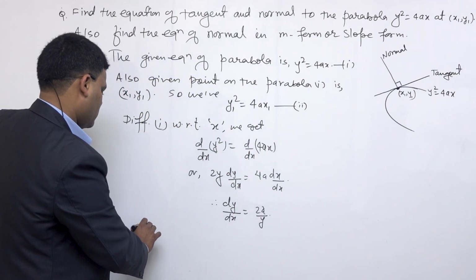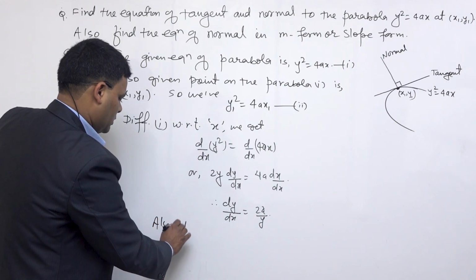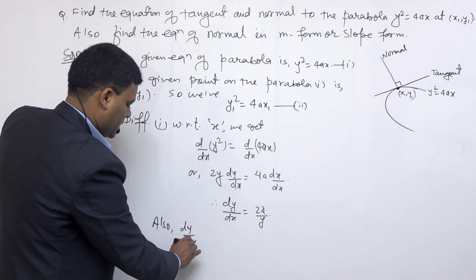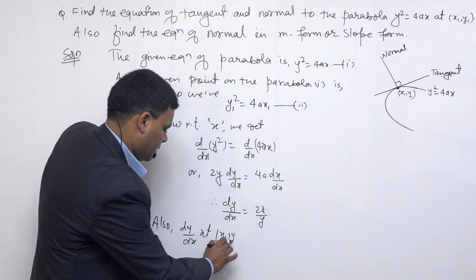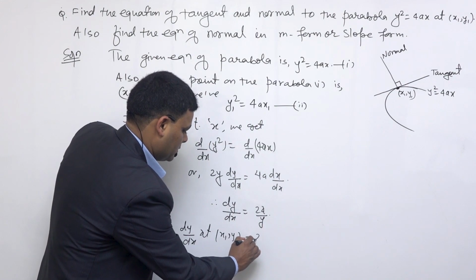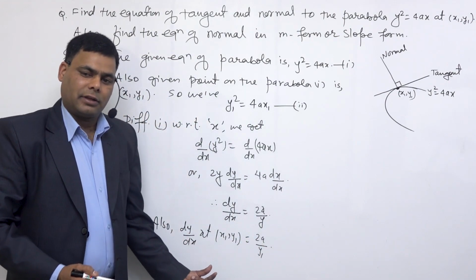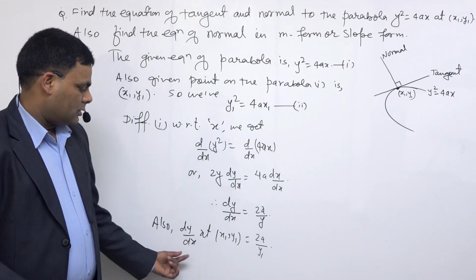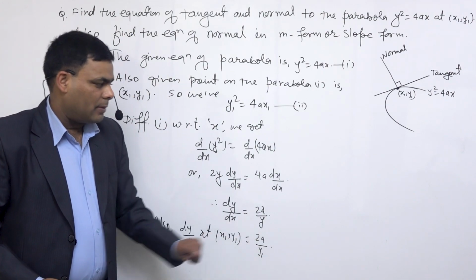Also dy by dx at x1 y1 equals to 2a by y1. Here dy by dx represents the slope of tangent. So the slope of tangent at this point x1 y1 is 2a by y1.